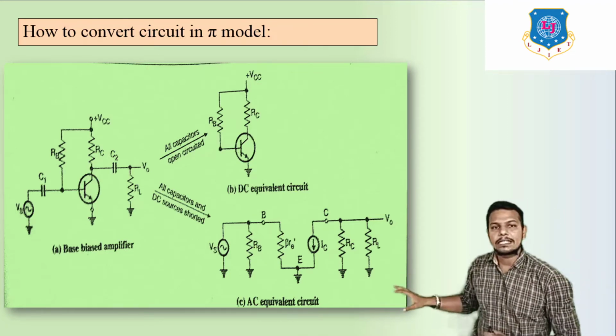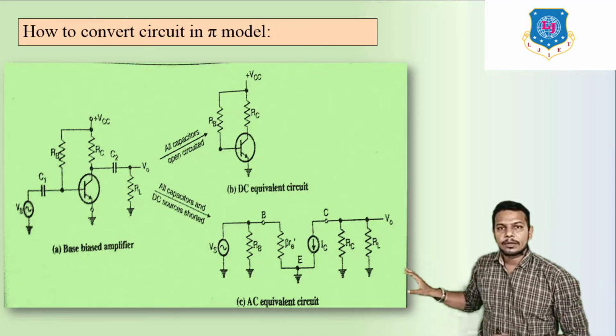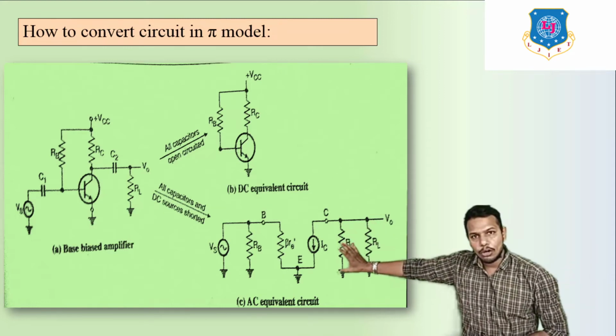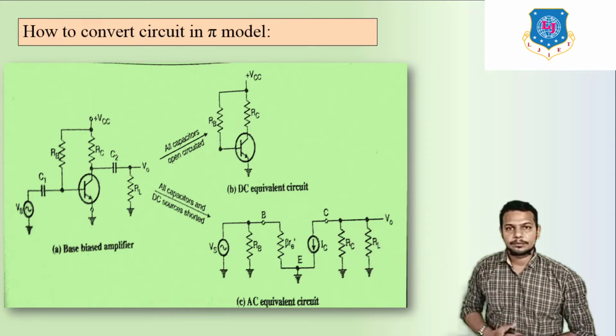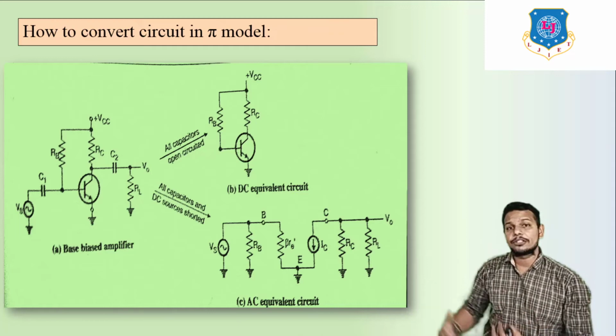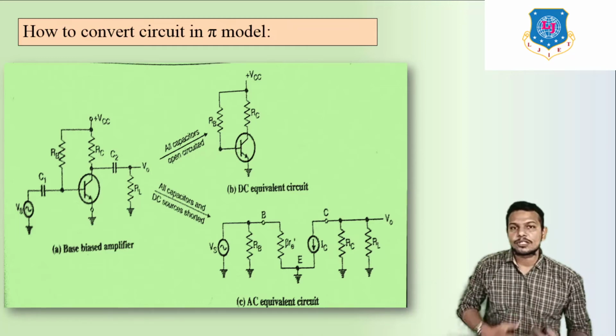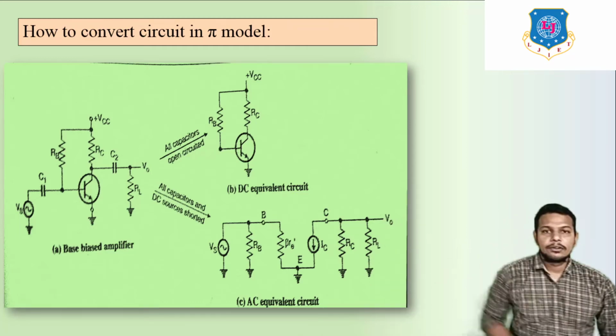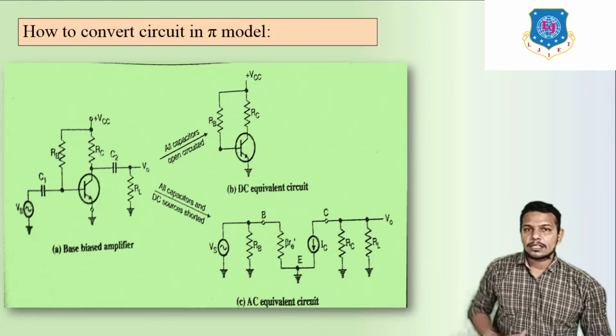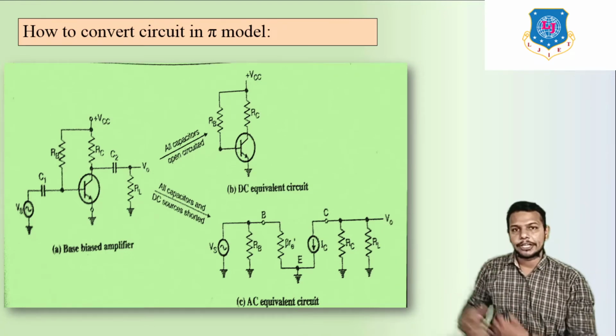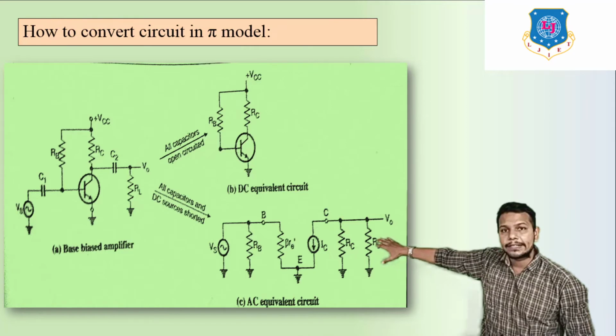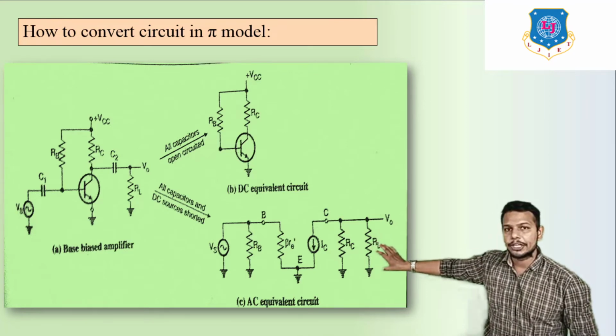Here we can see this is the pi model instead of the NPN transistor. Let us start with the input side. On the input side there is one Vs, which is the source voltage. So here we connected the source voltage Vs.